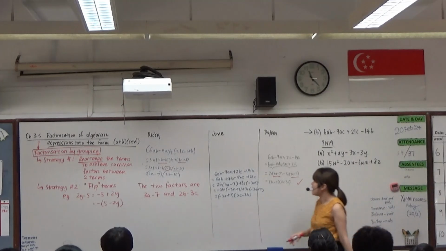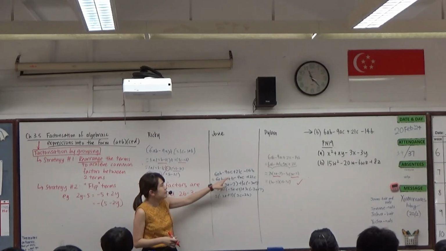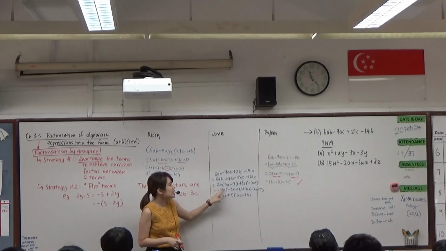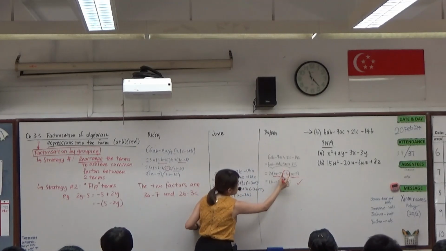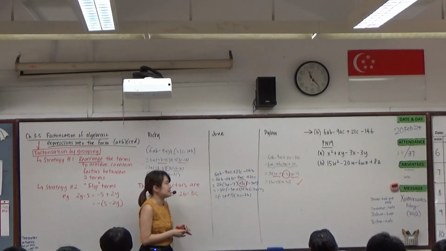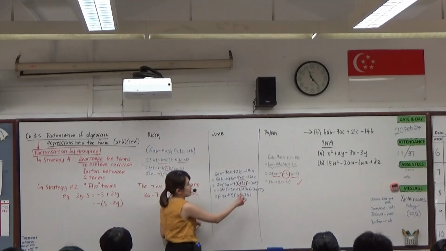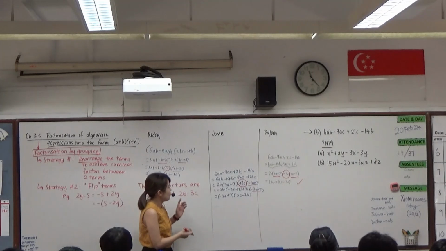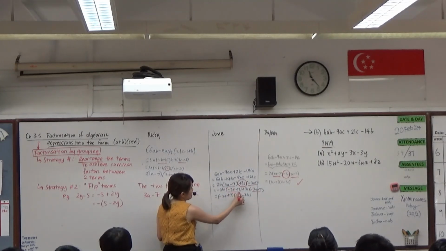And then lastly for Joey, she did the same rearrangement as what Dylan has done. Just that instead of factorizing out a negative 3c, what Joey has done is that she factorized out a positive 3c, which required her to observe that she needed to do a flip at one stage, because negative 3a plus 7 and 3a minus 7 are not the same.